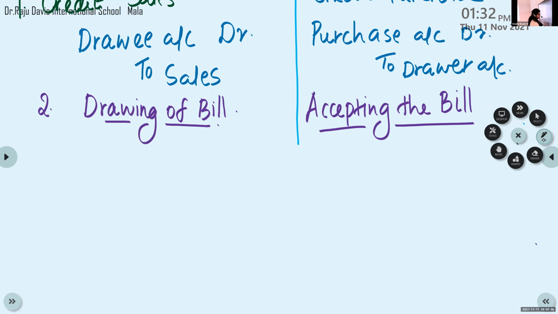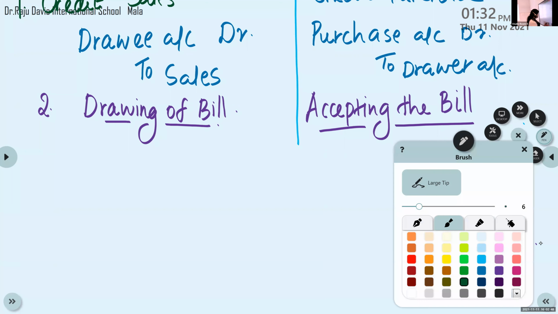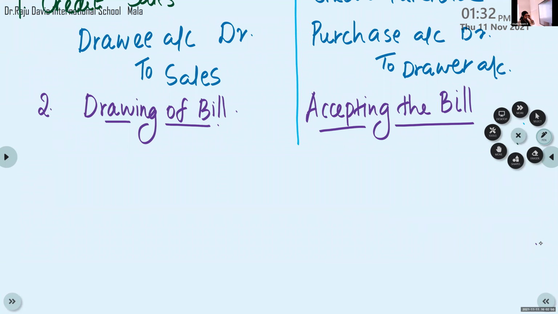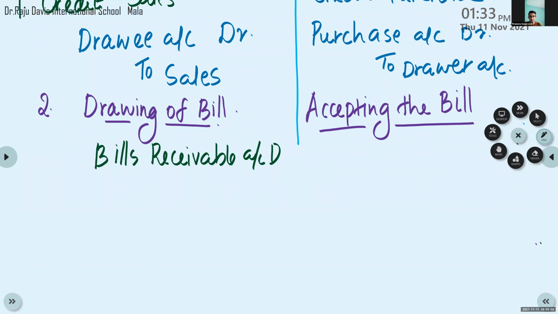Okay, what is the journal entry? Pranav, drawing of bill. Bills receivable account debit to drawee.